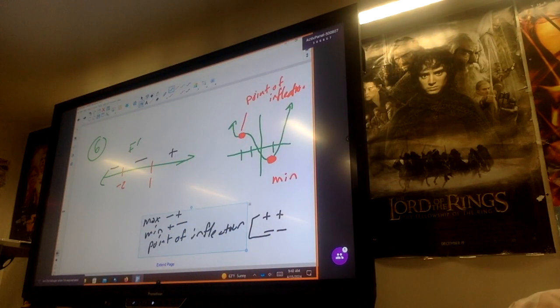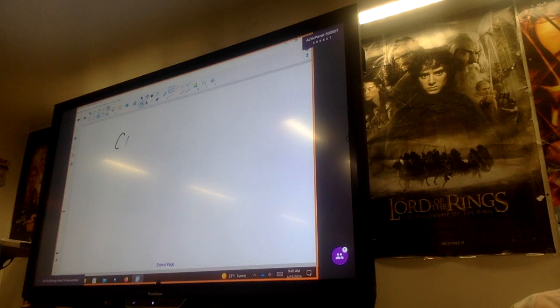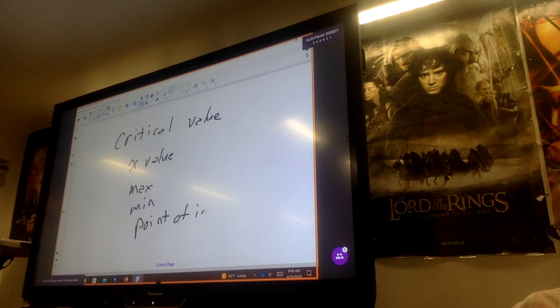So just know if you see the term critical value, it's the x value of a max, a min, or a point of inflection. And again, that goes on your derivative sign line.